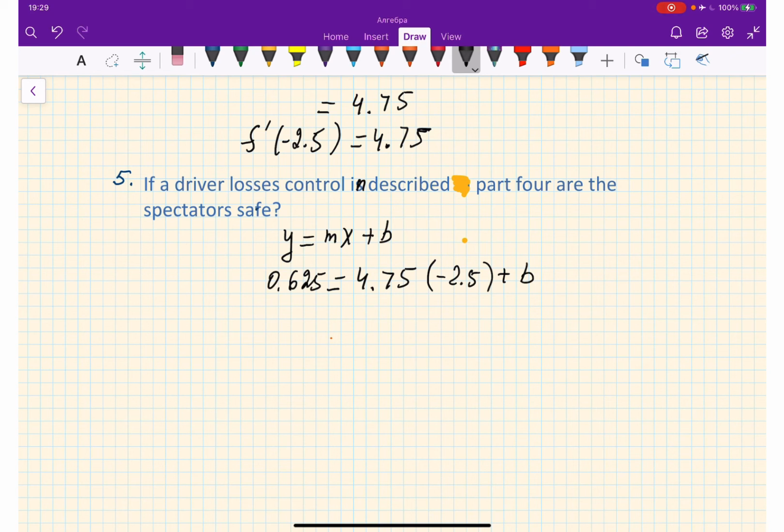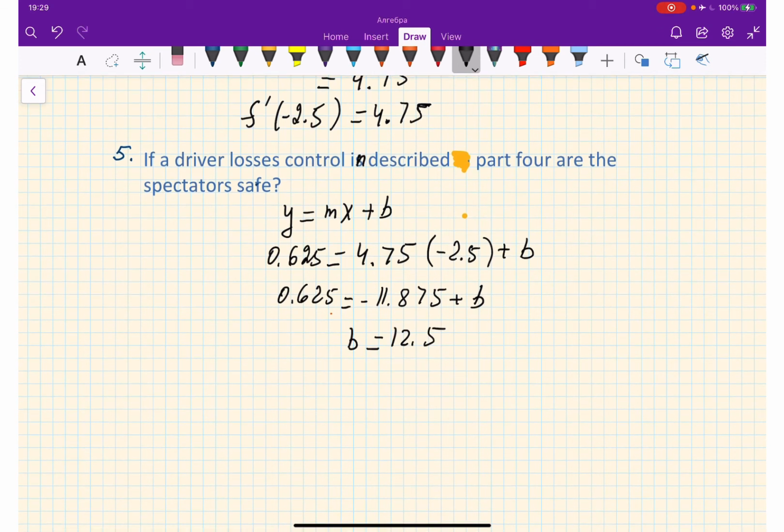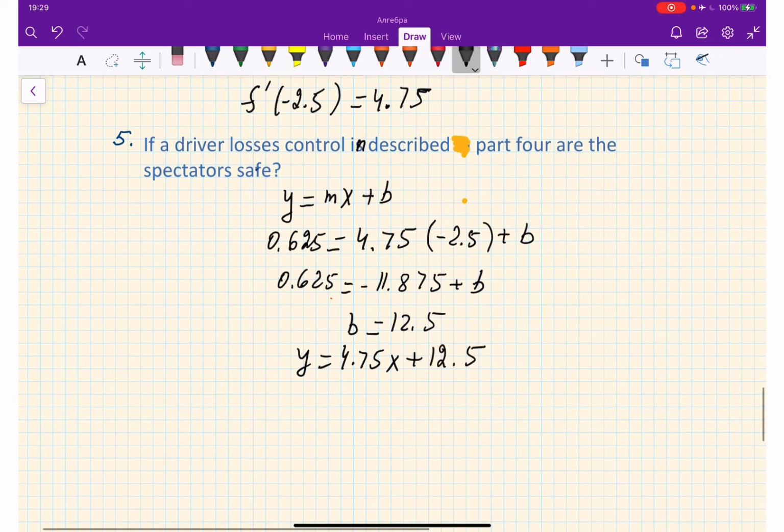So 0.625 equals negative 11.875 plus b. b is equal to 12.5, okay? And y from here is equal to 4.75x plus 12.5. Okay, let's find the value of x from here.